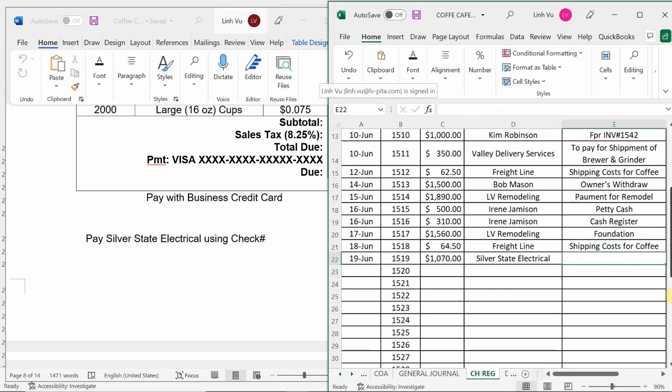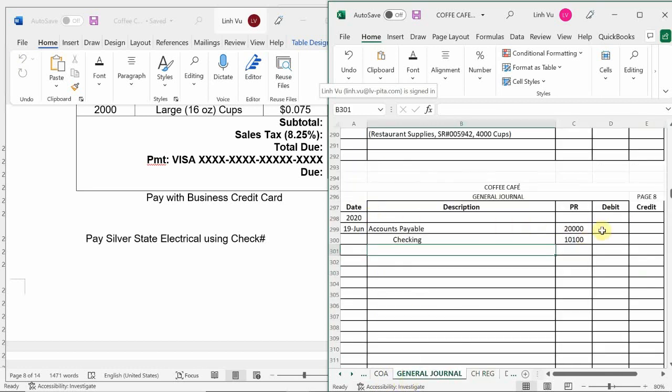Why I'm making a payment: for electrical work, or electrical job. Okay, so 1070 is what I am going to be putting in here. So I just paid 1070.